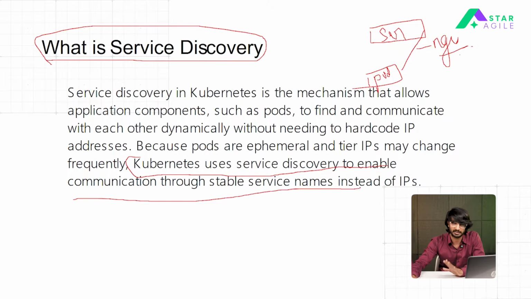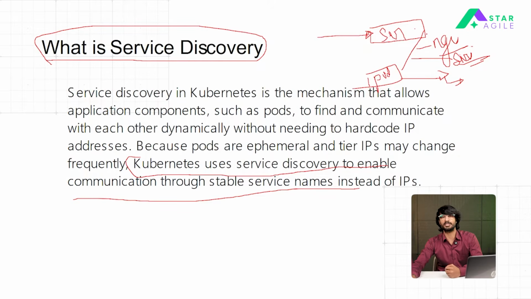That means the method by which the service identifies the pods, even though the IP addresses have changed, is what we call service discovery. Because once the pod is lost and recreated, the IPs have changed, but the service still reaches out to the pod. This medium of communication is what we call service discovery. The same thing has been mentioned: Kubernetes uses service discovery to enable communication through stable service names instead of IPs.